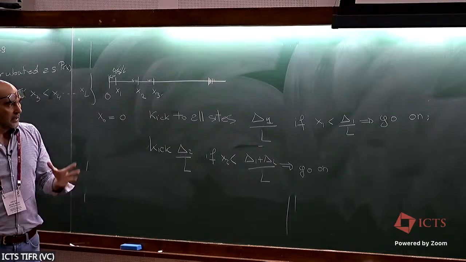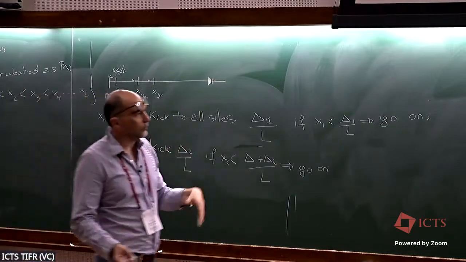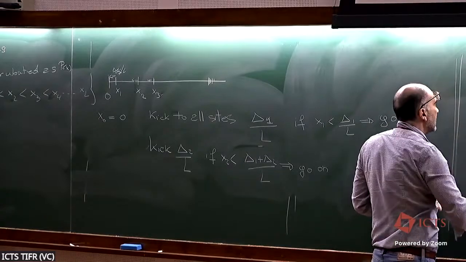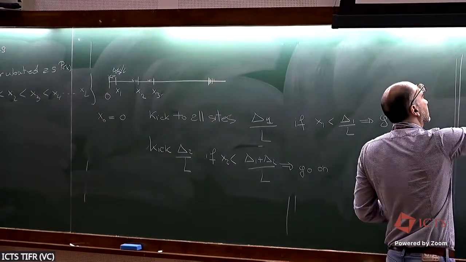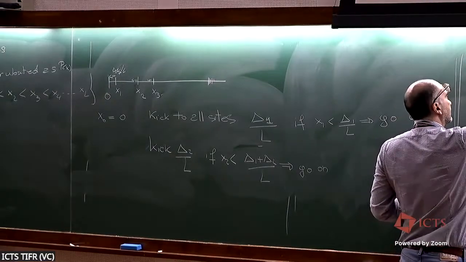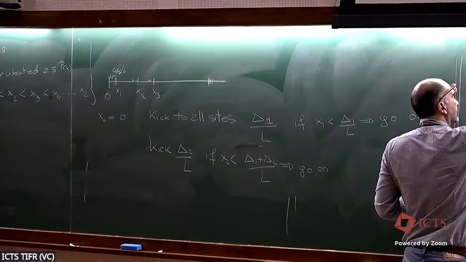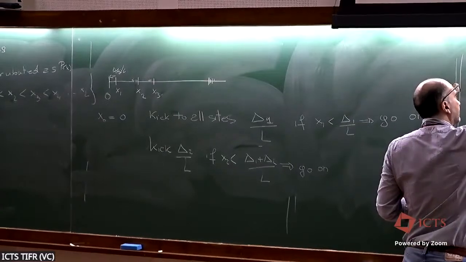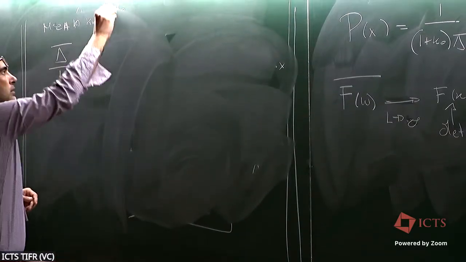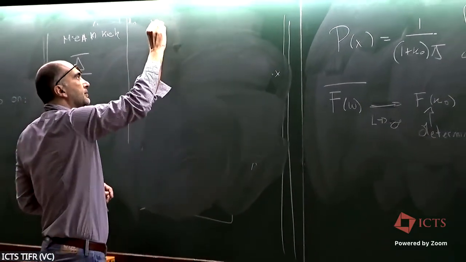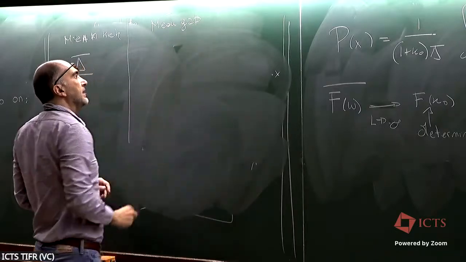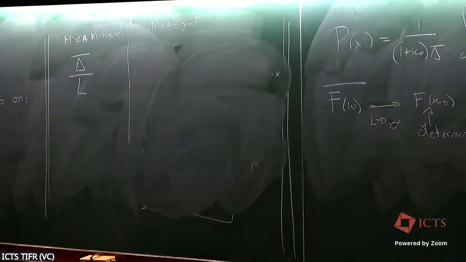Okay, so to make more clear what is going on here, we have to compare the mean kick, which is easy, it is delta bar over L, and the mean gap. The mean gap is the distance between these points.